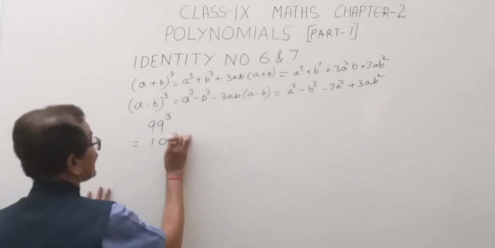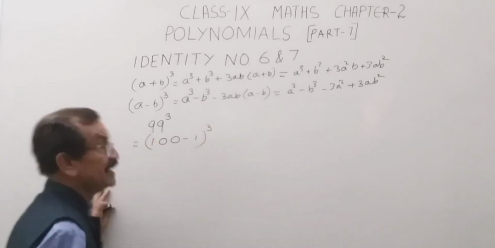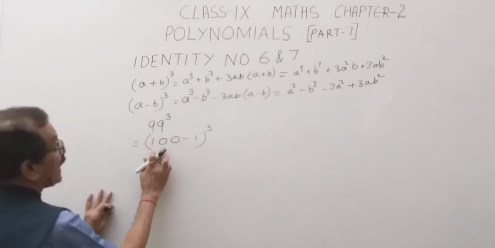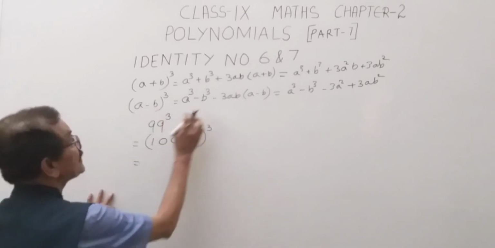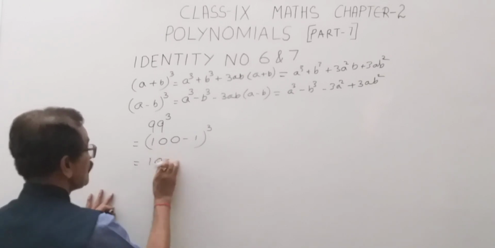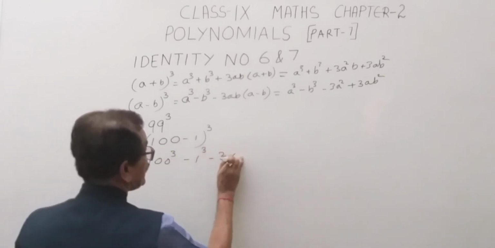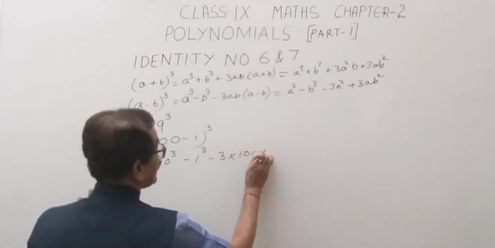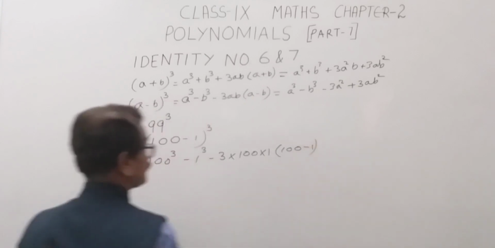I can write this as (100 minus 1) whole cube. That means (a minus b) whole cube, that means a cube minus b cube minus 3 into a into b bracket a minus b.